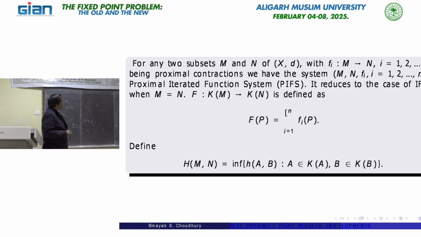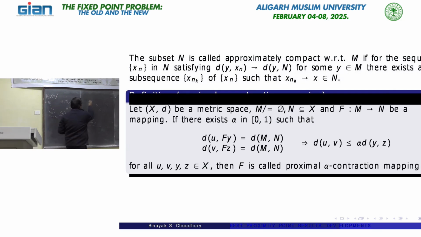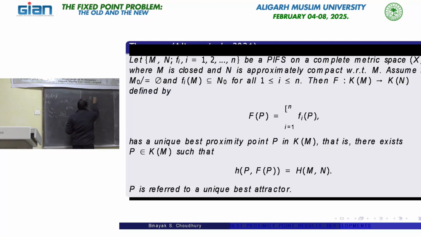Now, everyone, it is known that, let me again go to the board, h is the Hausdorff distance, let me use the small h. Now, A and B are two compact sets.